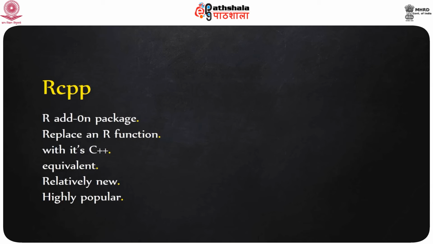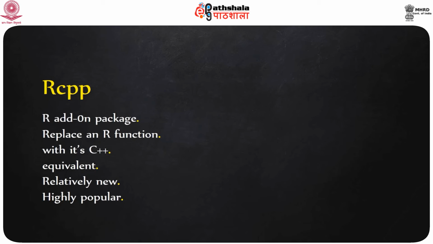So, how does it work? Firstly, it can be used for anything. It can be some small add-on functions meant for accelerating the computation. It does this by replacing an R function with its C++ equivalent. Also, it can be used as a building block in an entirely new research computing environment.